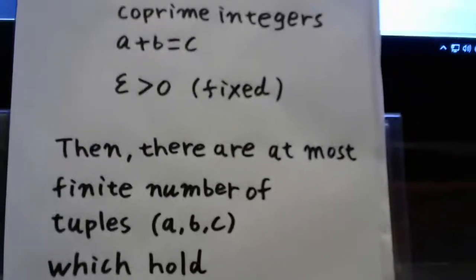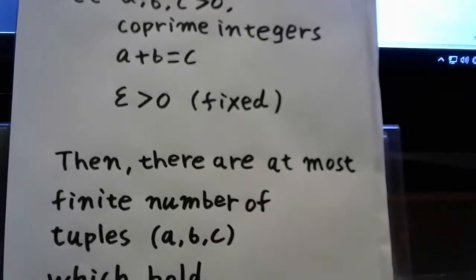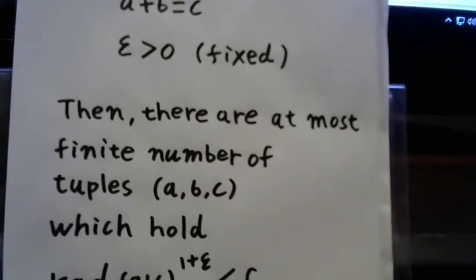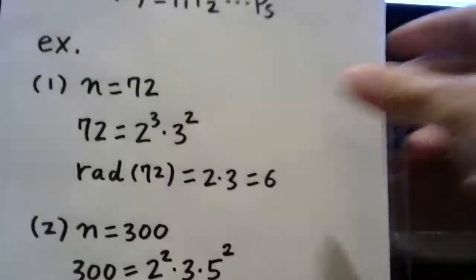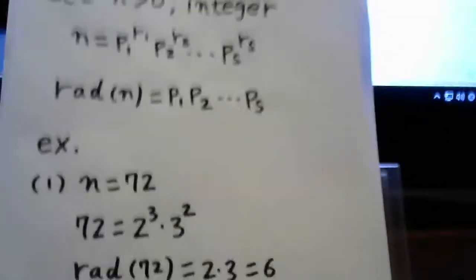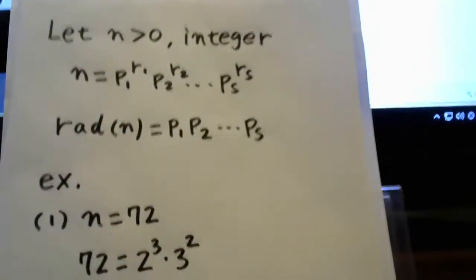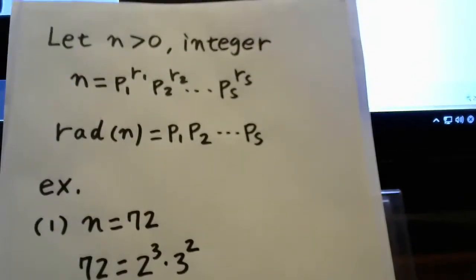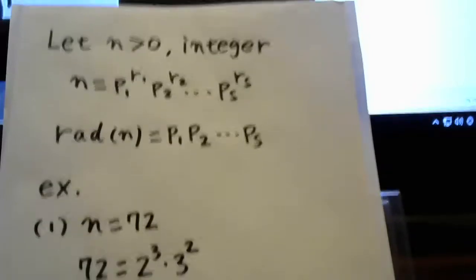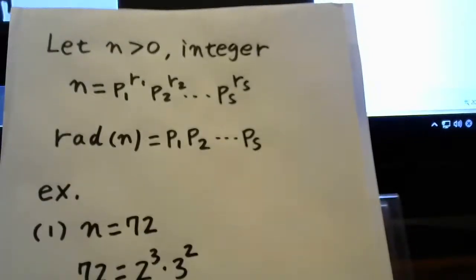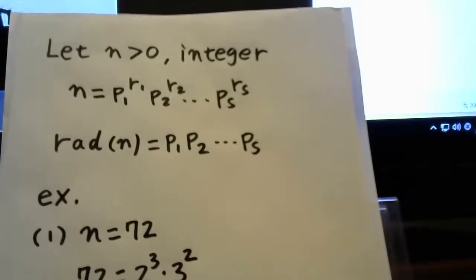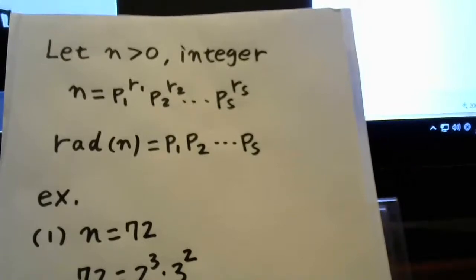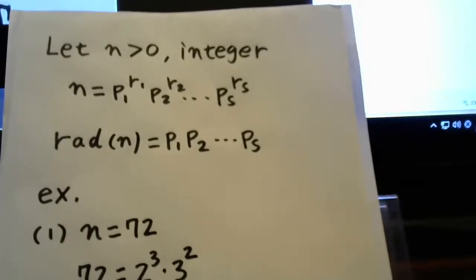Well, you may wonder, what does it mean? What's radical? So let's see it. Let n be a positive integer, which is factored as such: p1 to the r1, p2 to the r2, ps to the rs.